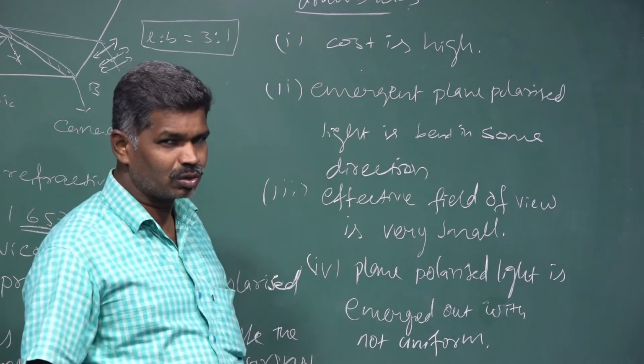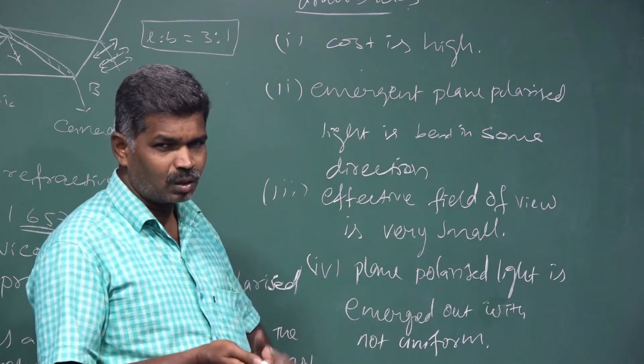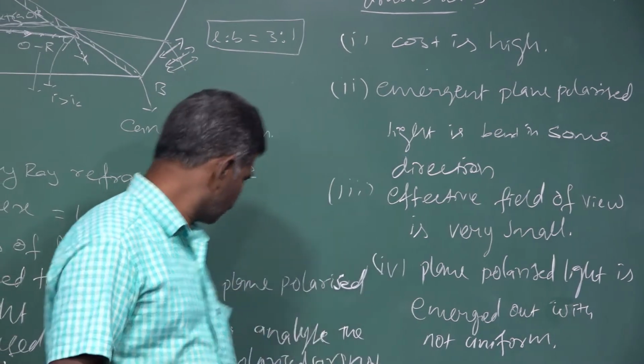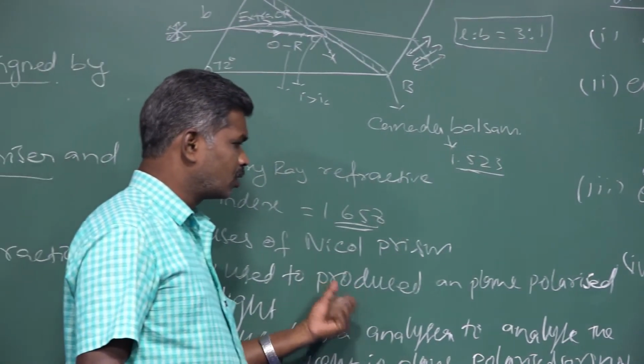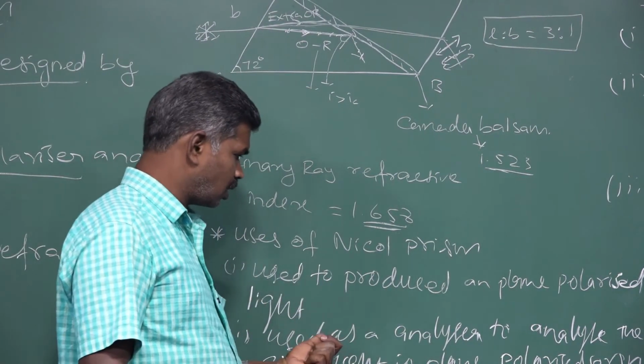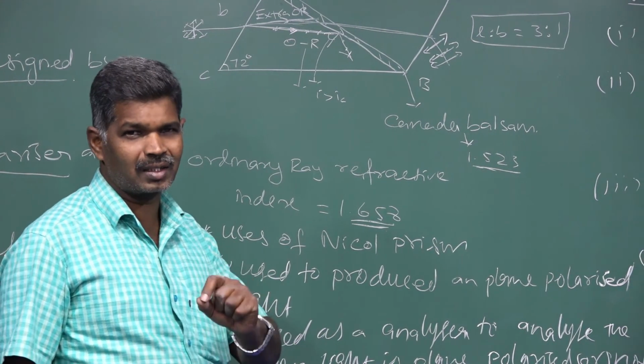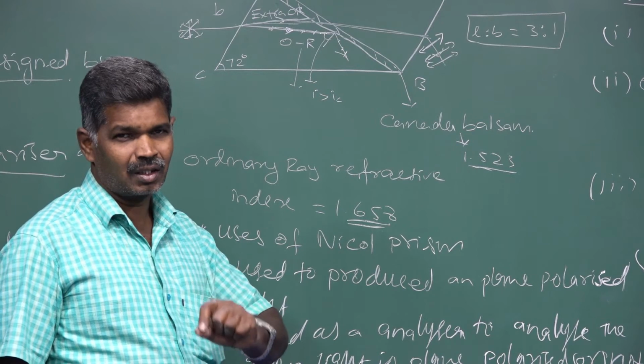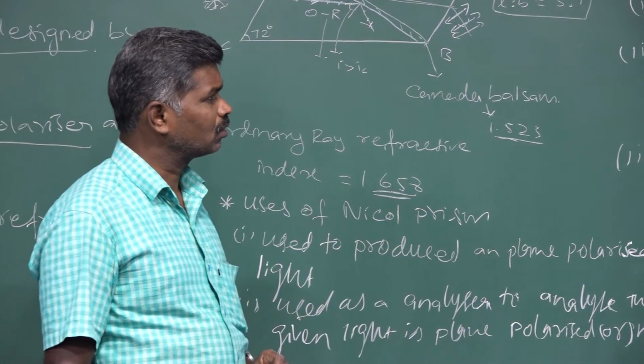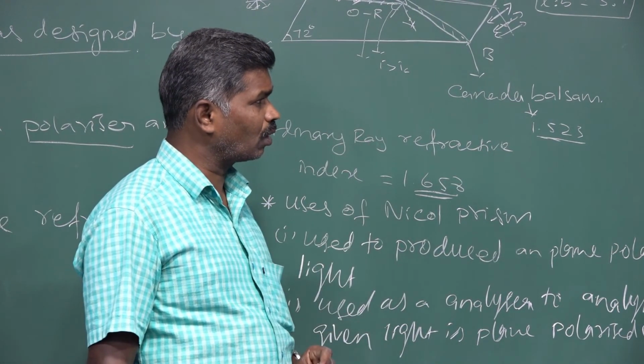We have two uses and four drawbacks. The two uses are: one, to produce plane polarized light, and another, to act as an analyzer to analyze whether the given light is plane polarized or not. Next we have four drawbacks.